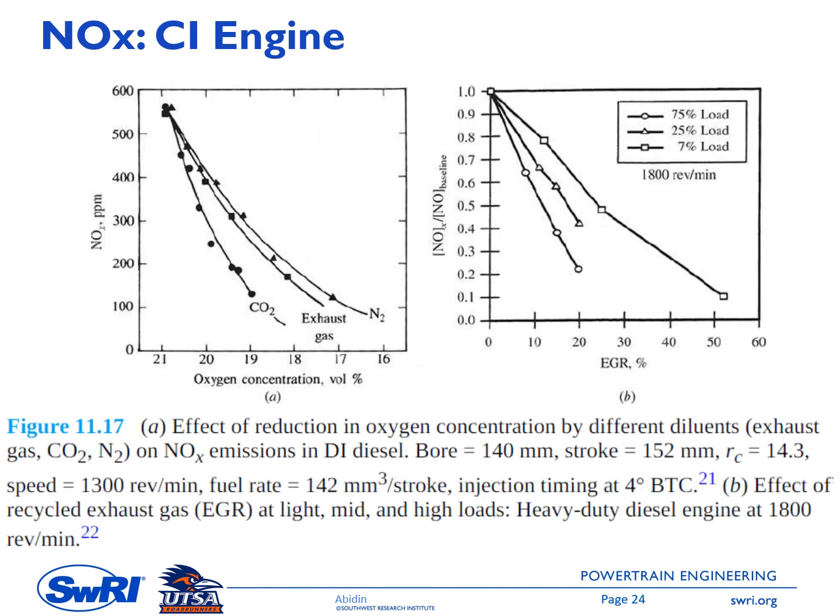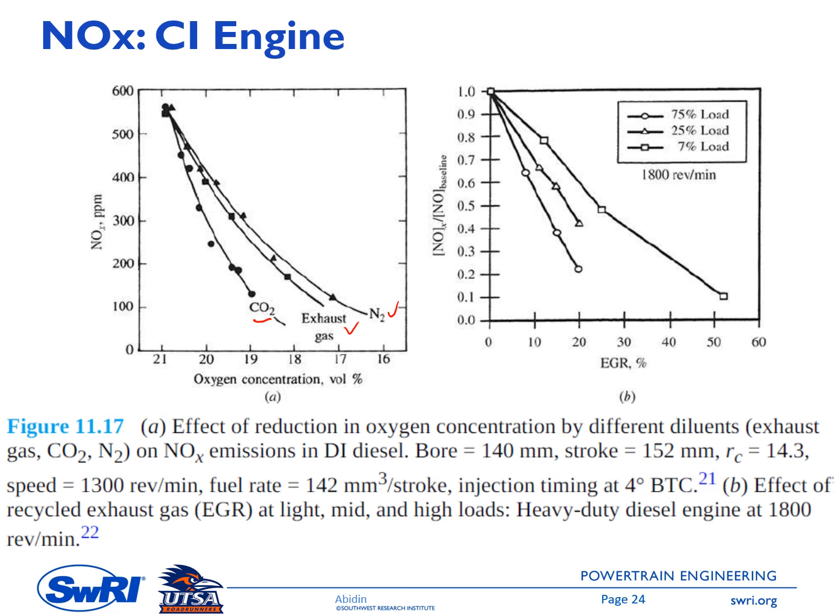This figure is showing the effect of reduction in oxygen concentration by different diluents on the left side. So we have CO2, we have a typical exhaust gas composition, and we have N2. As you can see in this figure, the NOx amount decreases with the increase of the diluent amount.